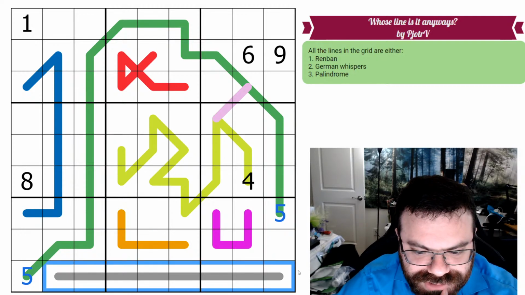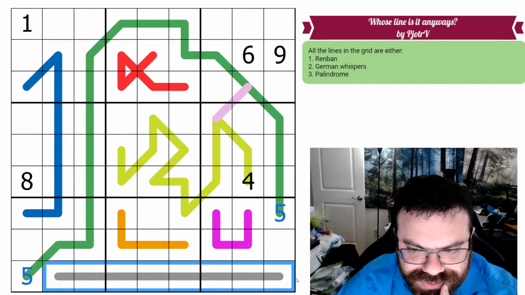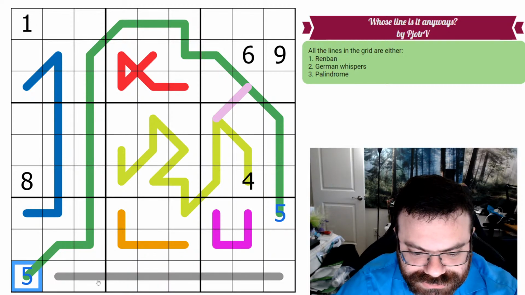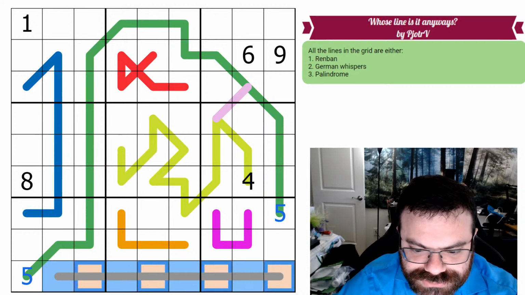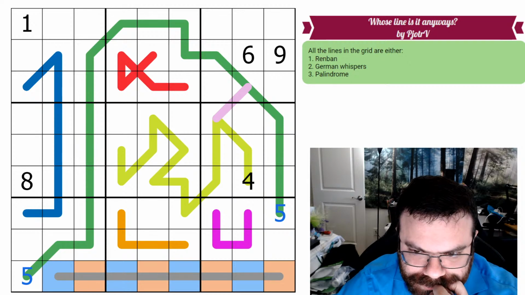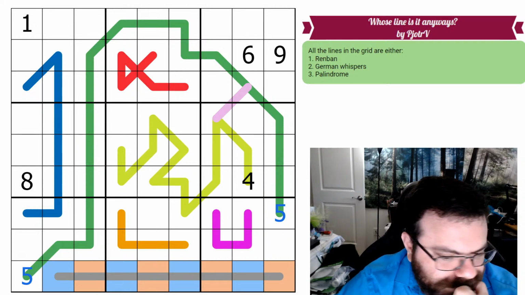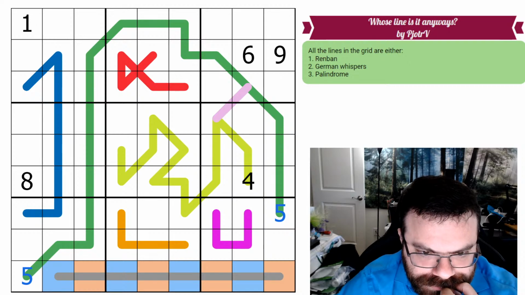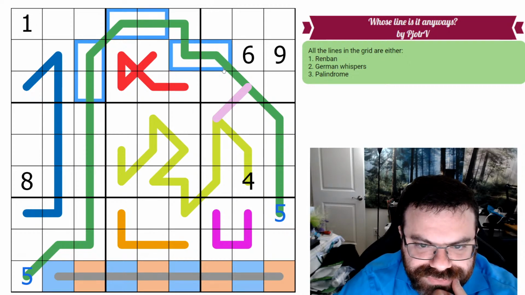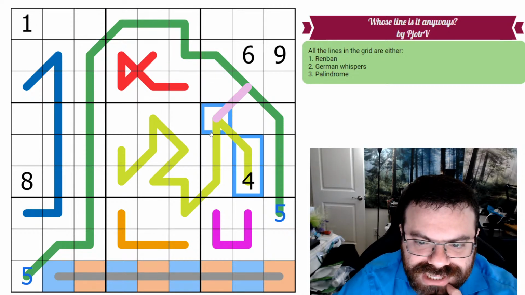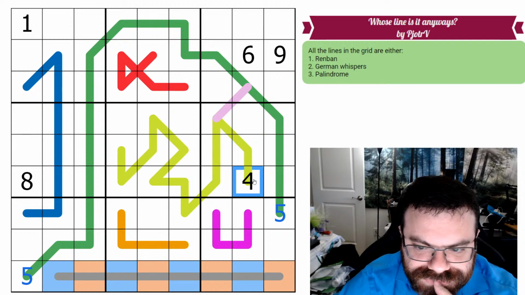So this is a Renban. No, this is a whispers. I don't know which is which, but if this is a palindrome, that still allows these to be whispers.